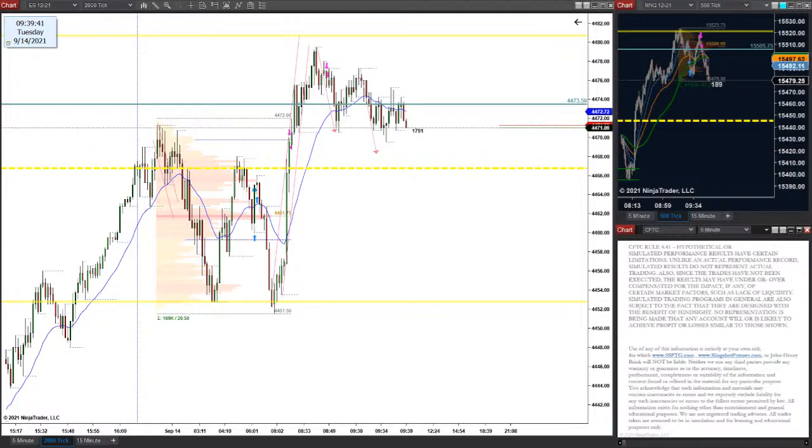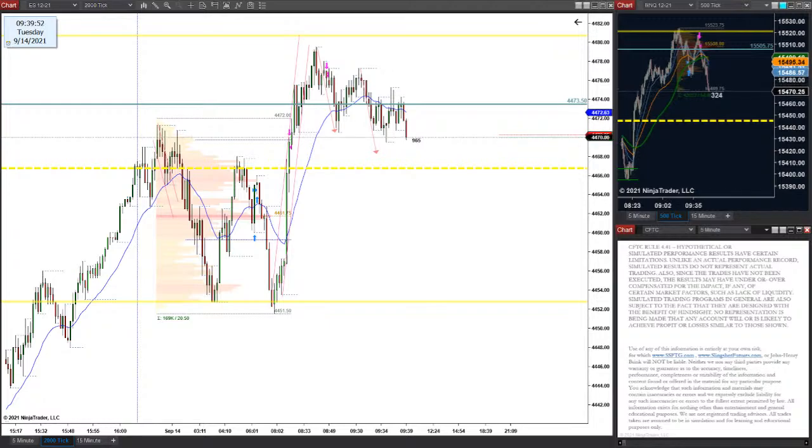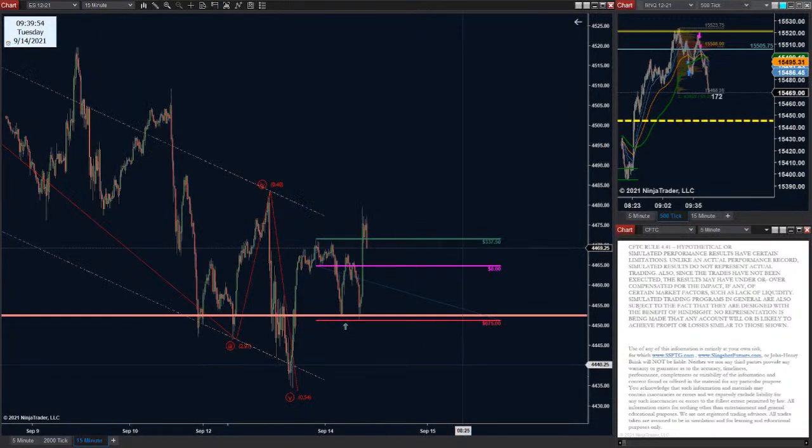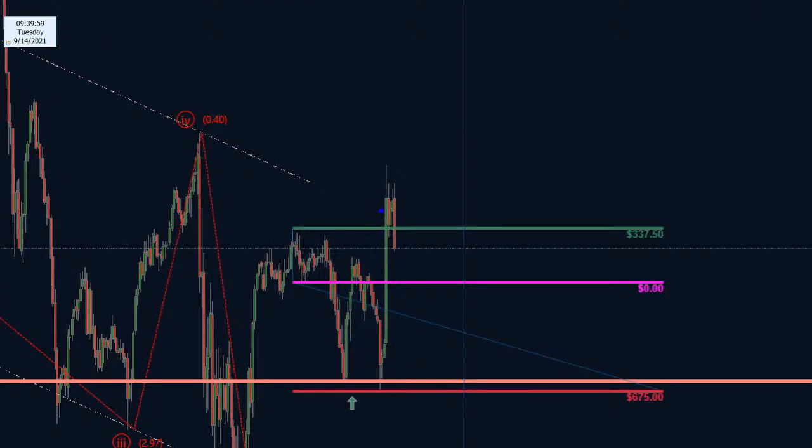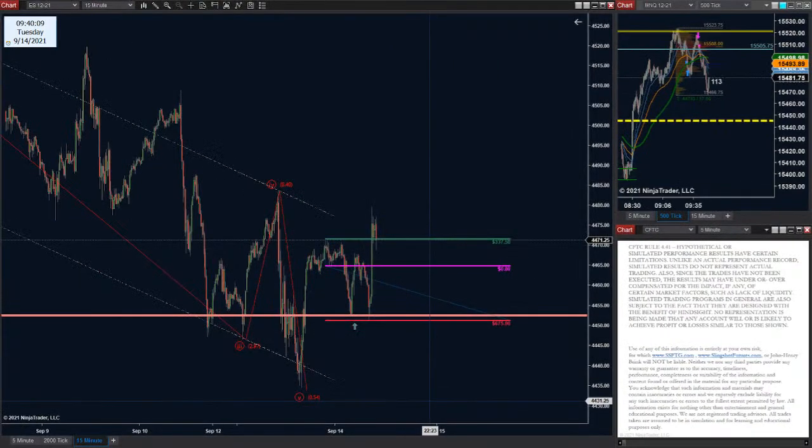Now starting to get a little bit of a deeper pullback here. Maybe this is the settlement flush, who knows. Based on what we're seeing on the 15-minute perspective, the scalpers tried to get something going, they tried holding above the scalpers objective, and so far they've had a massive failure to launch. So the bulls better hope this thing starts rolling back up. Otherwise, we're going to be running into some problems here.